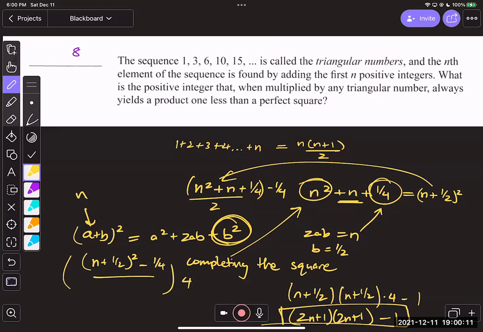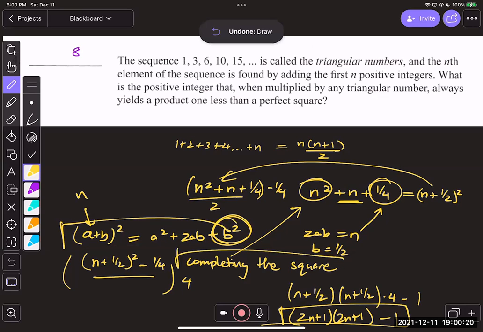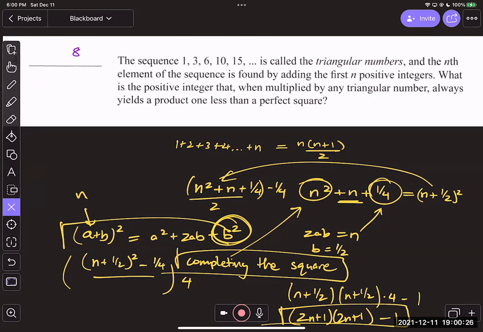For this question, you did need to understand a lot of algebra. You needed to understand this a plus b squared formula very well, and you also needed to understand the completing the square method. If you guys aren't familiar with this topic, go ahead and take a look at it. There are definitely sources, either on Khan Academy or a lot of different places, that have something on it.